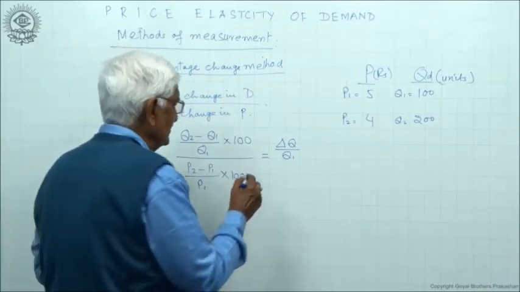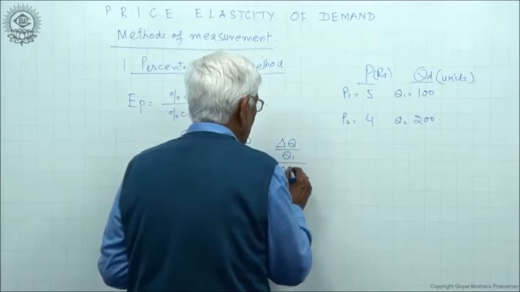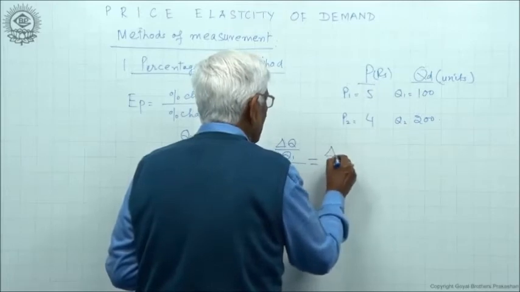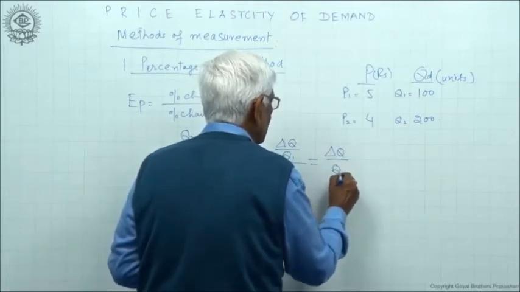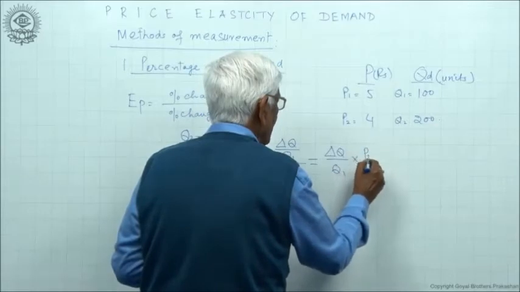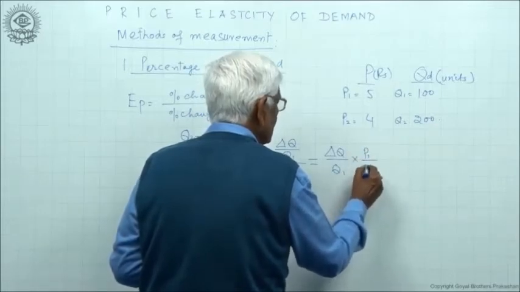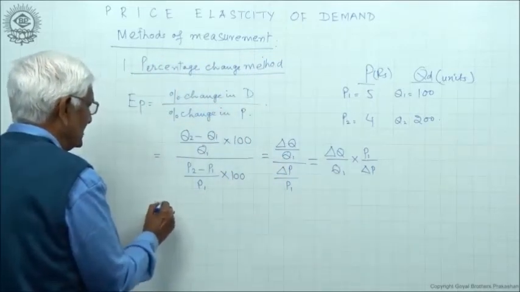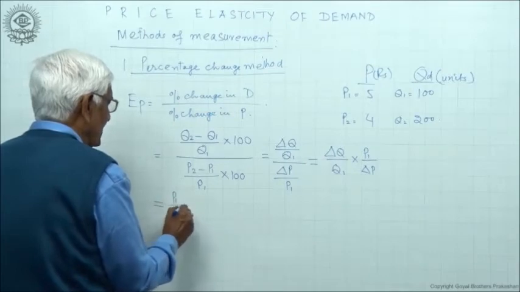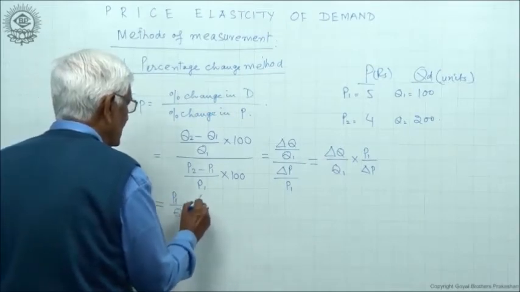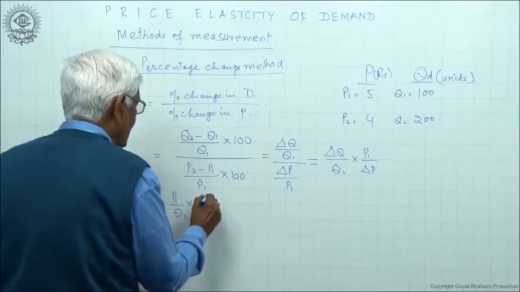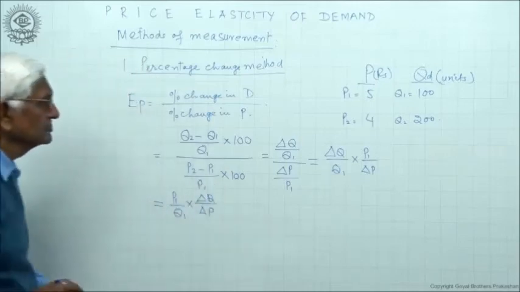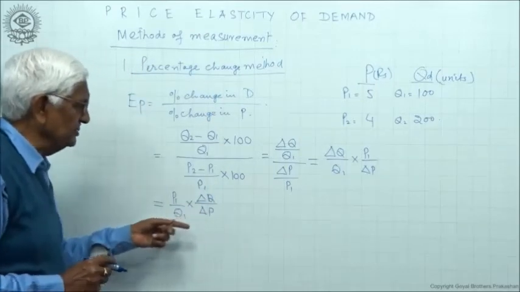So we solve it further: delta Q upon Q1 multiplied by P1 upon delta P. This can be further written as P1 upon Q1 into delta Q upon delta P. This is the generalized version.